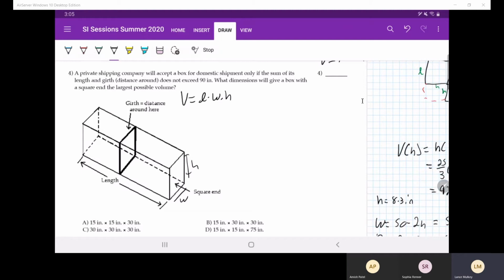All right, your girth, G equals 2H plus 2W. Oh, your perimeter, we'll say girth.